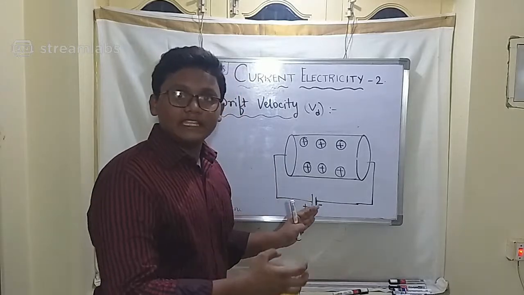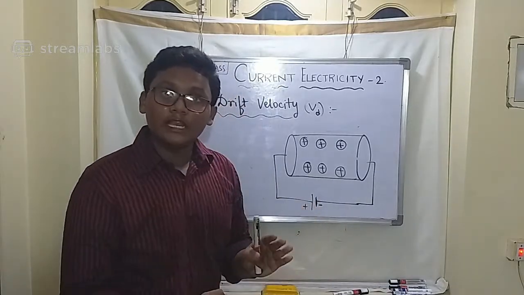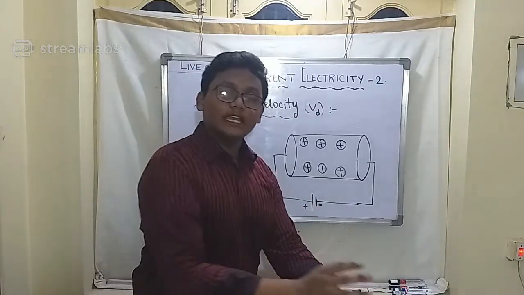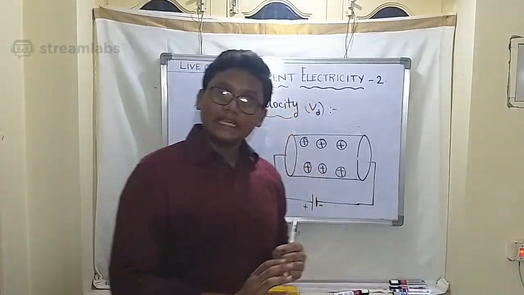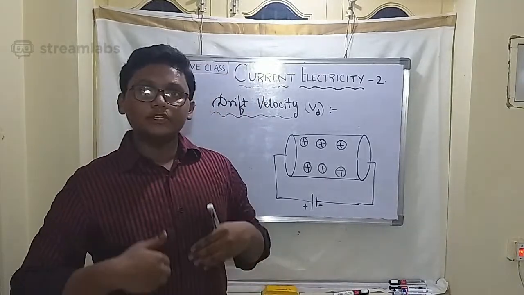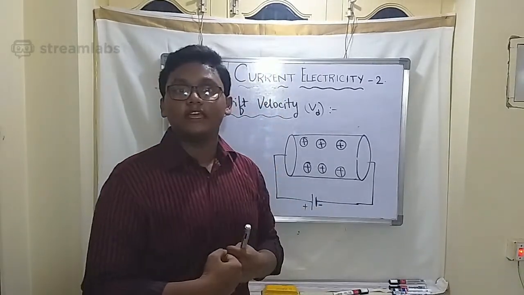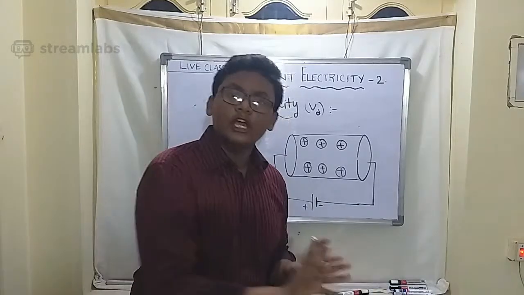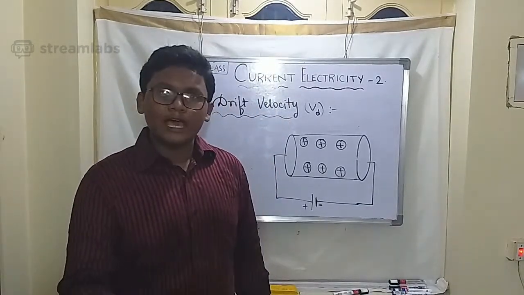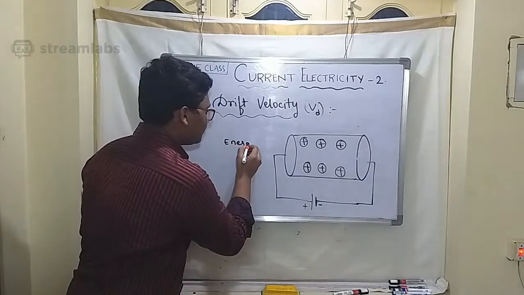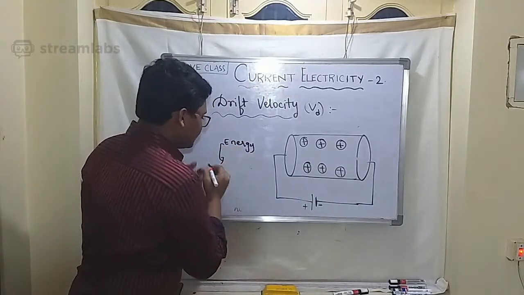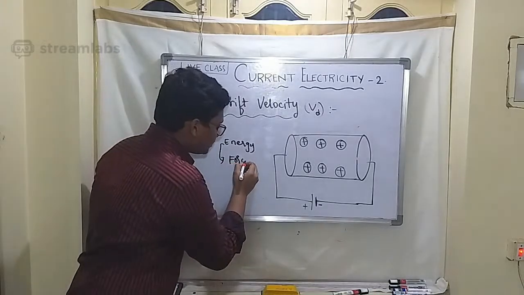The battery, the power source, will apply some energy on that. Due to that, the electrons will get continuously pushed, and will get continuously collided with the positive ions. Due to that energy, what will come? Force. Due to that force, displacement.